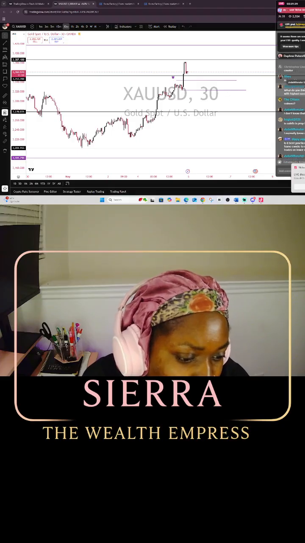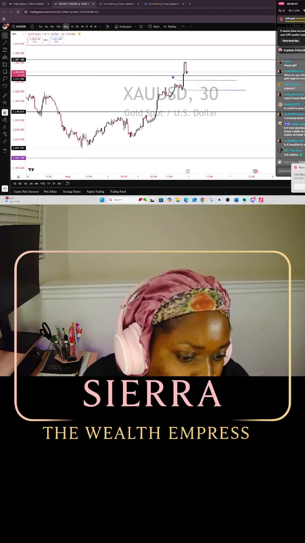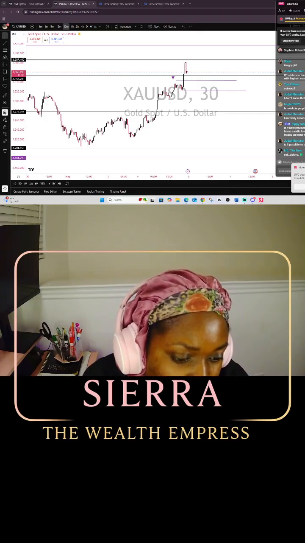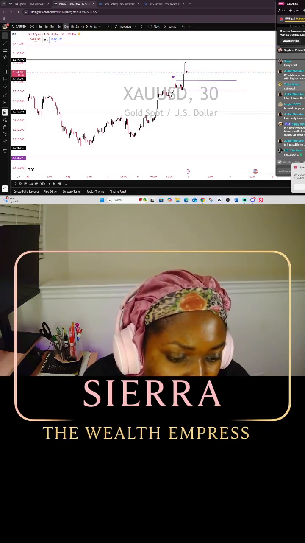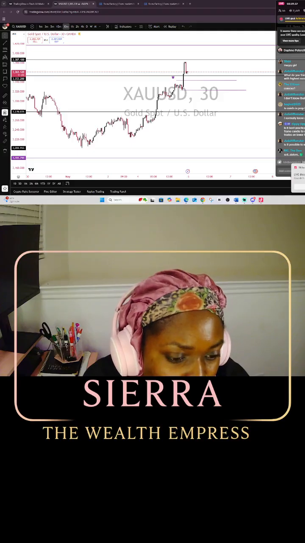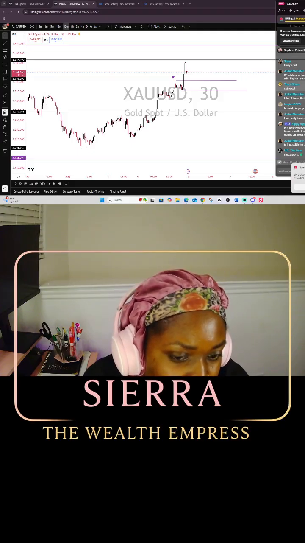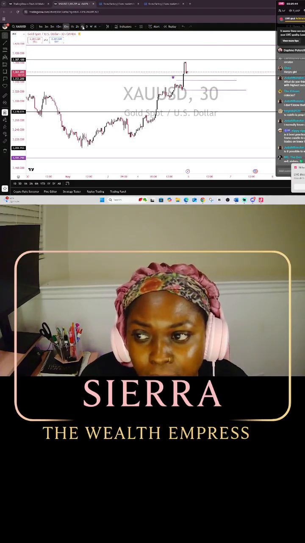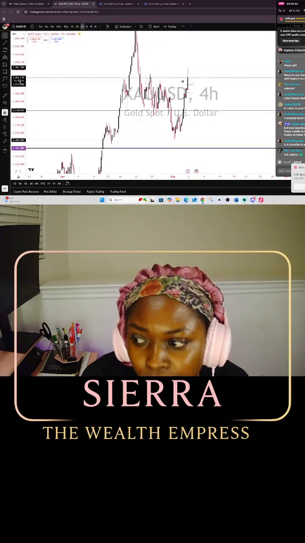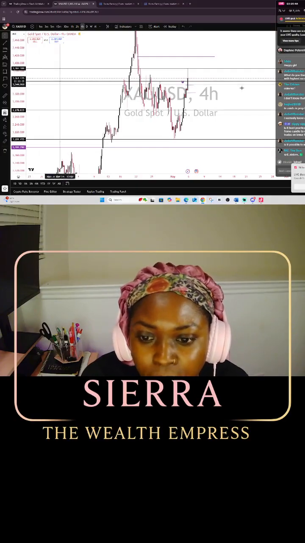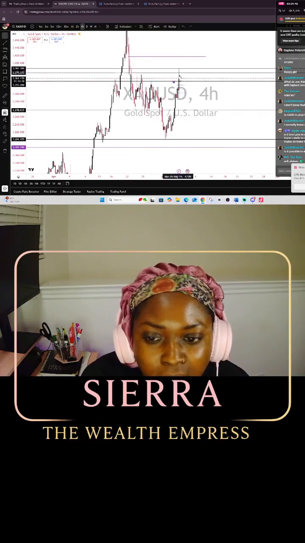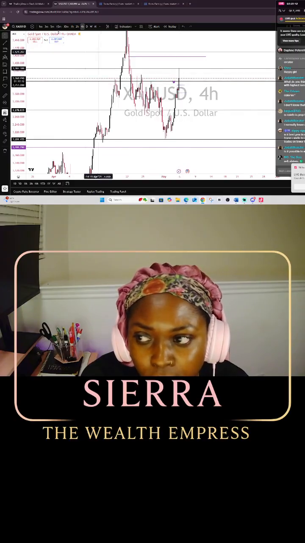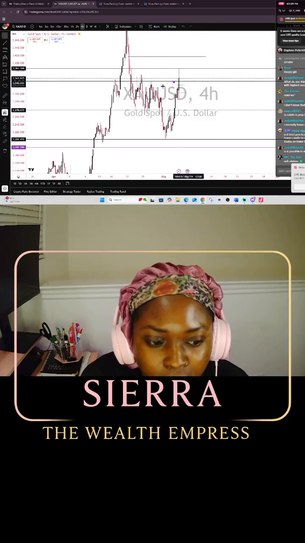Is it best practice to wait for a higher time frame candle to close before taking trades on a lower time frame? Not really. Because with a higher time frame candle like this 4 hour, we have an hour and 10 minutes left. Within this candle, we're looking on the lower time frame to see what it's going to do.